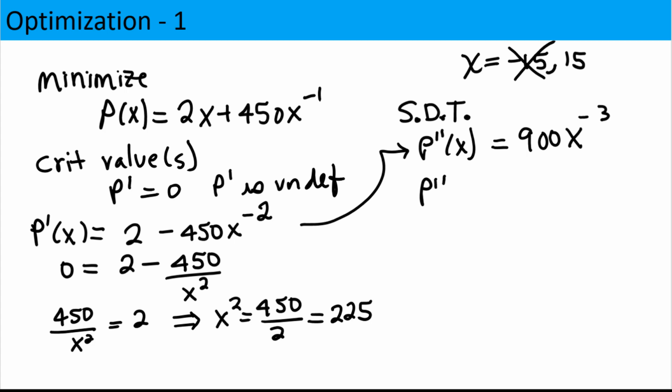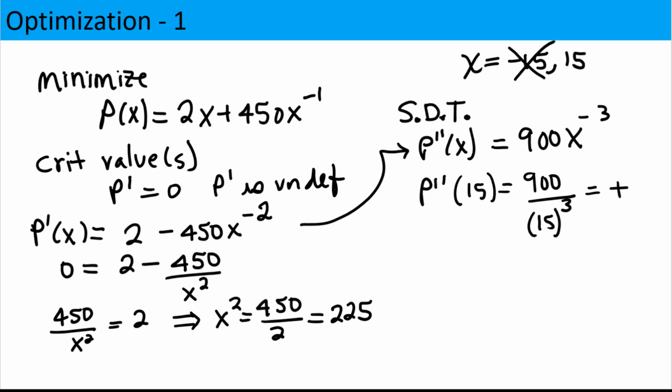So we need to evaluate positive 15 in the 900 divided by where the x was. We'll put in 15 cubed. I'm not going to compute this. What I do know is that a positive number divided by a positive number is positive.